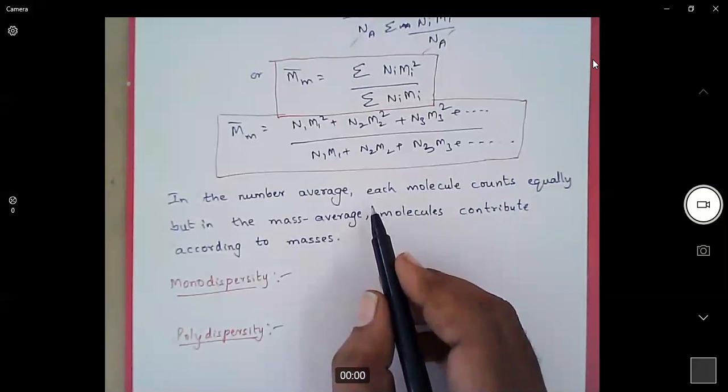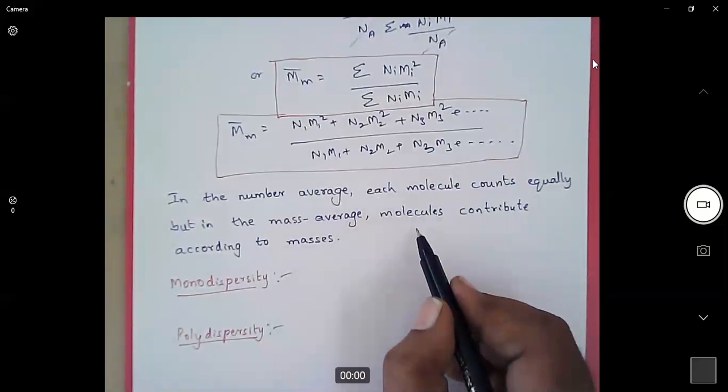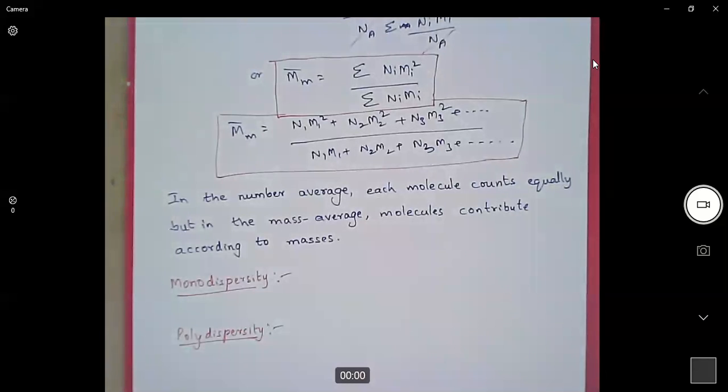It doesn't matter whether the monomer has low or high molecular weight. But in mass average molecular weight, each monomer contributes according to its mass. So mass average is a better averaging method than number average, because in the number average, only numbers count, regardless of the molecular weight.